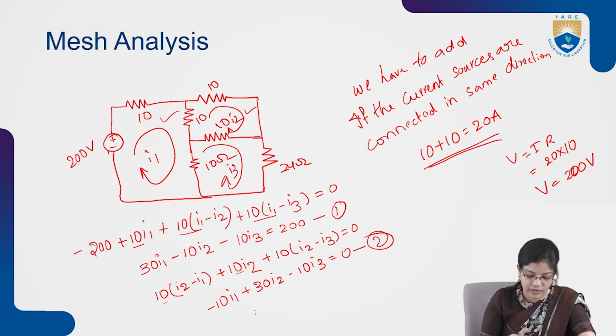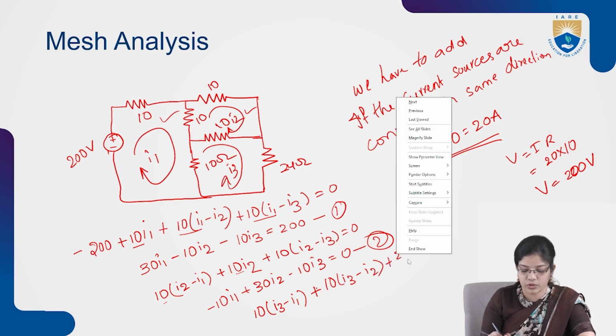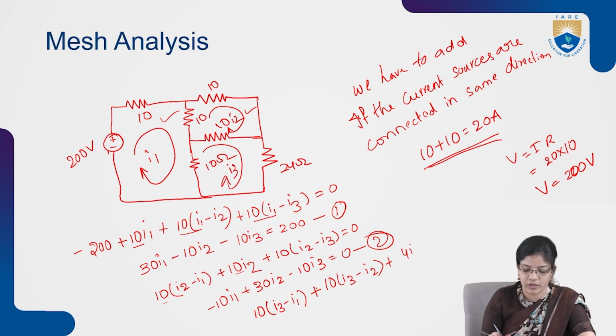Again the 10 ohms is connected in between I3 and I1, so we take it as 10 of I3 minus I1, and then for the next element, it is connected in between I2 and I3, so we take 10 of I3 minus I2, and this 24 ohms is connected only for mesh I3, so it will be taken as 24 I3 equals 0.